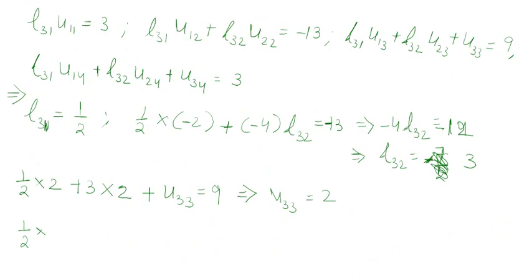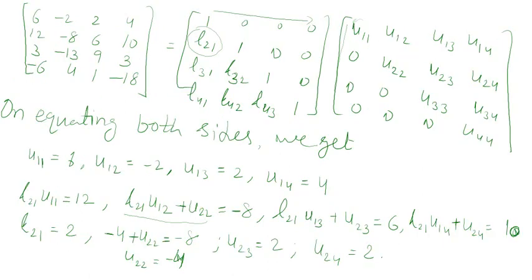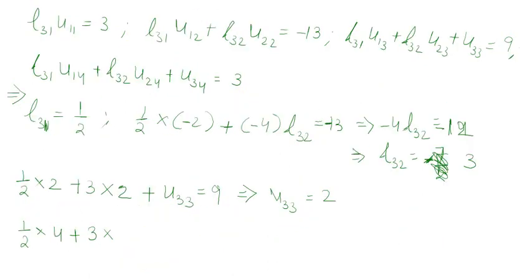It is 4. Plus L32, L32 is 3 times U24. U24 is 2, plus U34 is equal to 3. So this implies U34 is equal to, so 6 plus 2 is 8, so 3 minus 8 is minus 5.